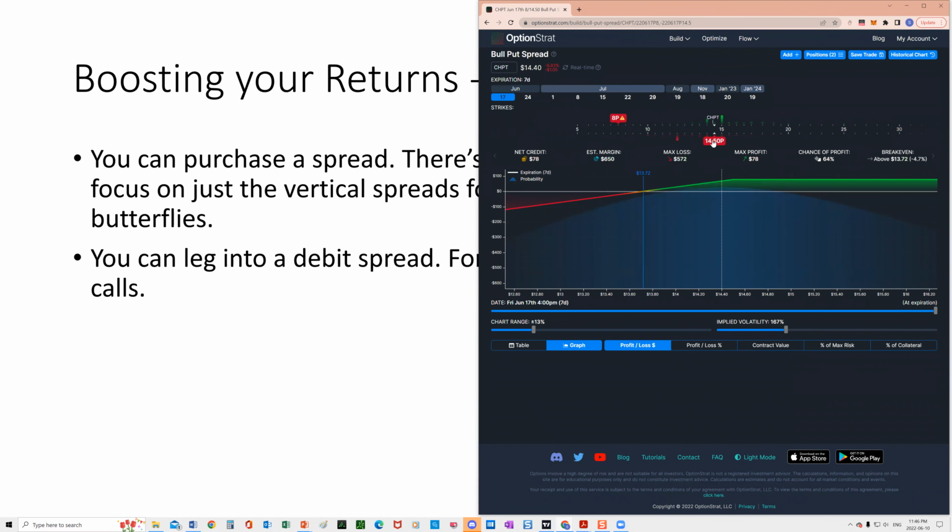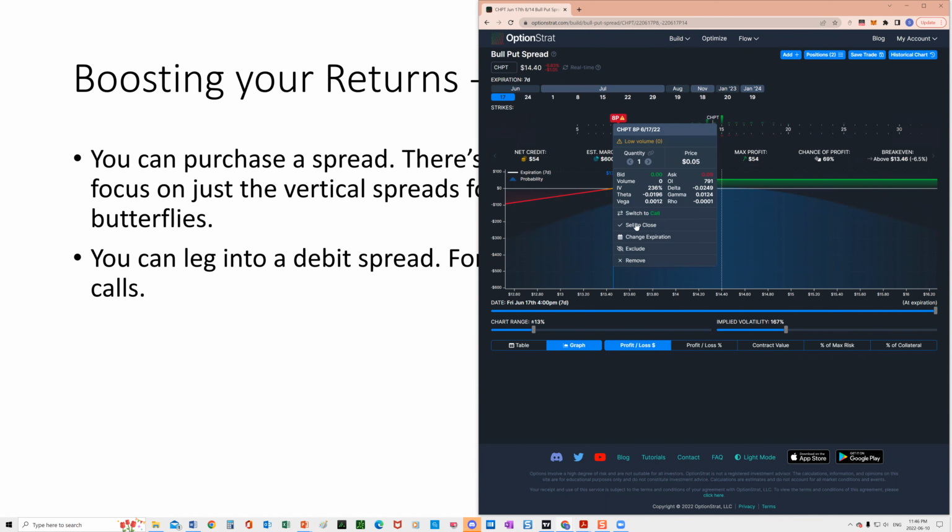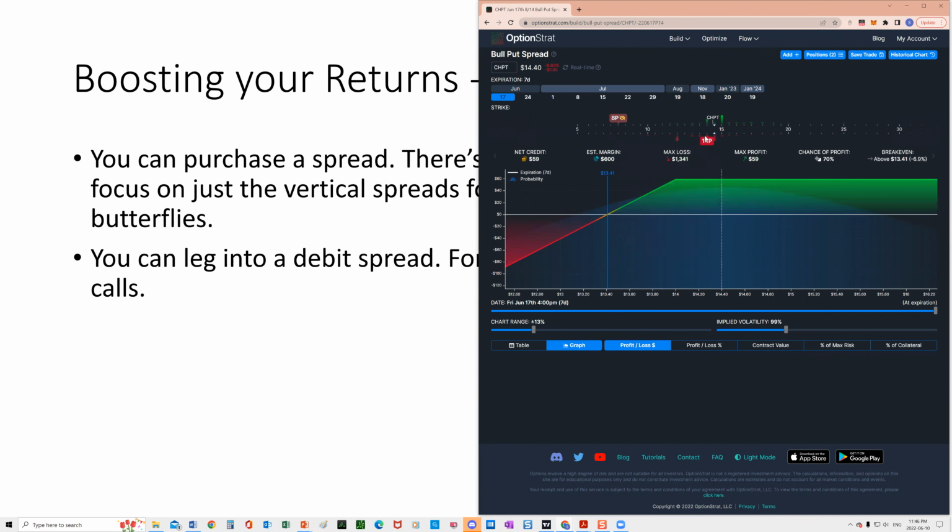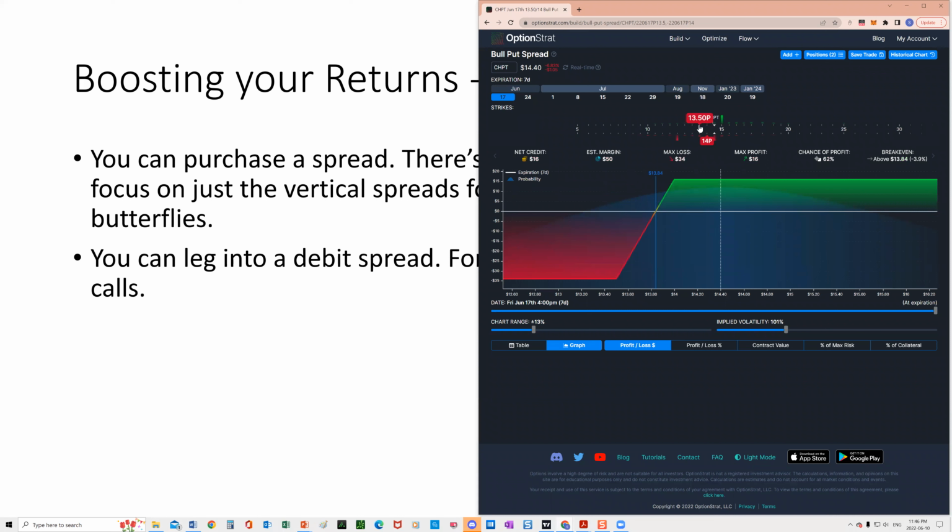So let's say that we wanted to sell that 14 put, right? We know that we would have collected 59 cents, right? But let's say that we don't necessarily want to buy it. We just think that it's going to stay above a certain price.